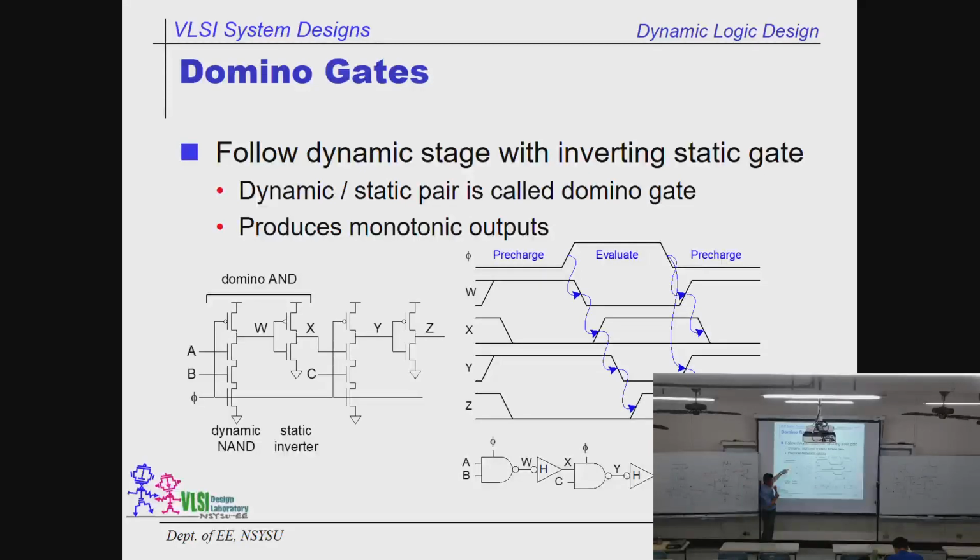So in the pre-charge phase, W will be 1, X will be 0. X will be 0, guaranteed. So when X is 0, then there is no risk for Y to be pulled down, because this one is blocked. Guaranteed, this one is blocked. So in the pre-charge, 1, 0, block this one, so Y will be safe.